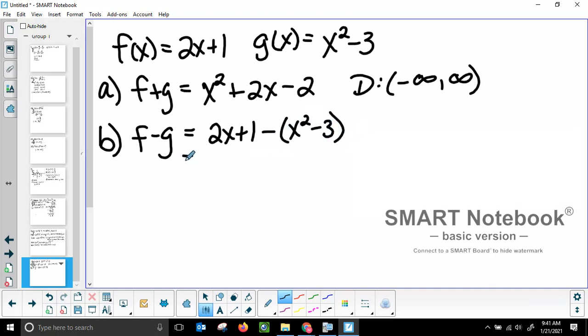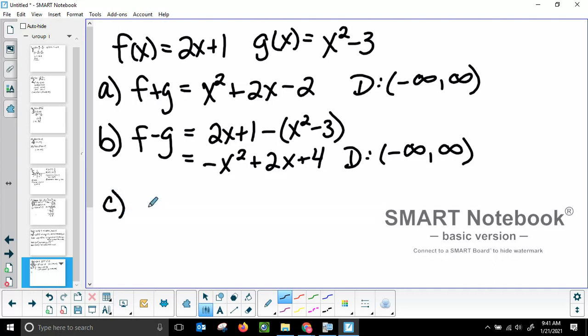So again, we'll have negative x squared plus 2x, and then 1 plus 3 is 4. Again, there's no square roots or denominators to mess with us here, so my domain is all real numbers.